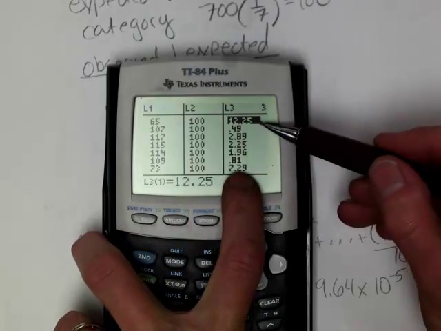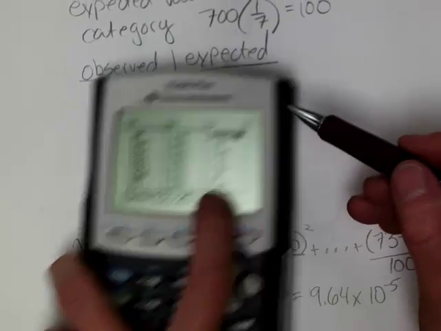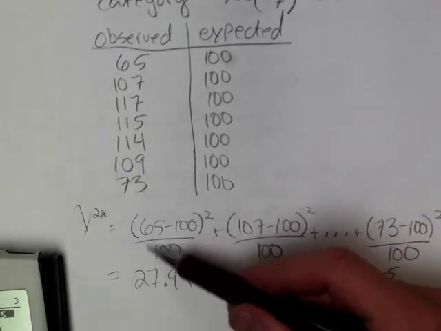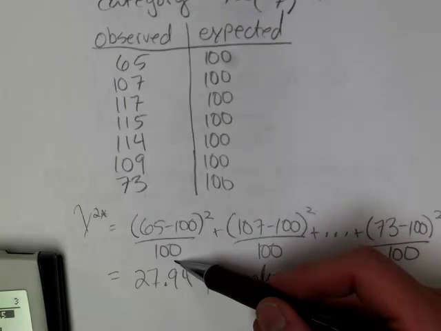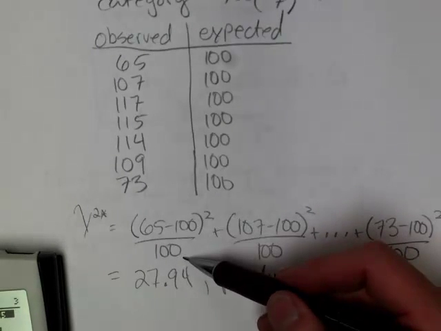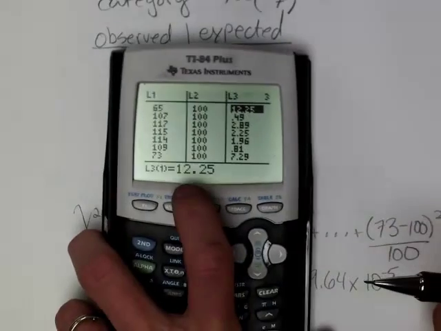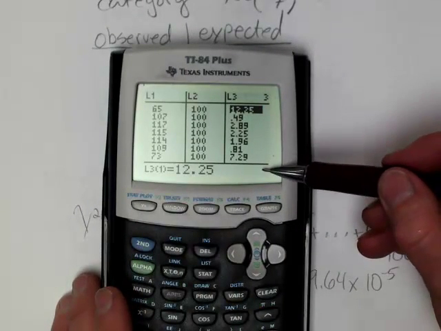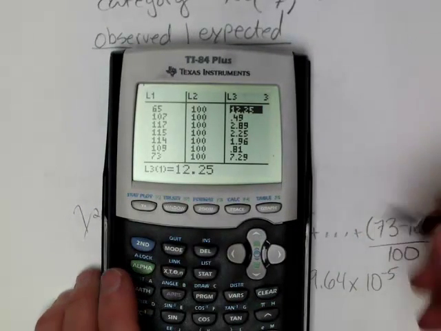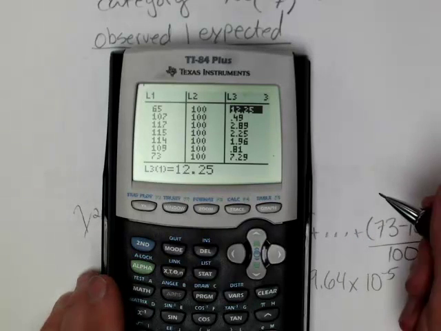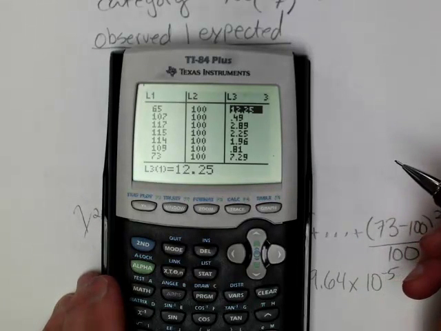In other words, this first entry of 12.25 would be this first value here, the 65 minus 100 squared over 100. I want the sum of all of these numbers, so I don't have to write them all down on a piece of paper and add them up. I can have the calculator sum that for me.